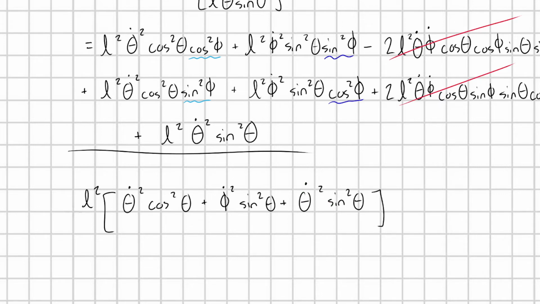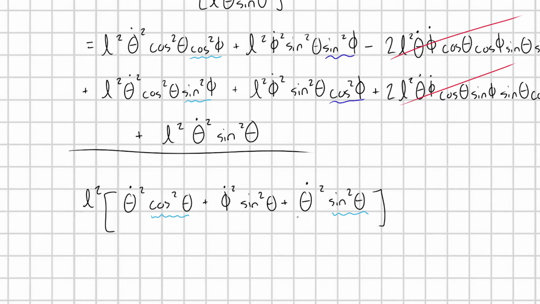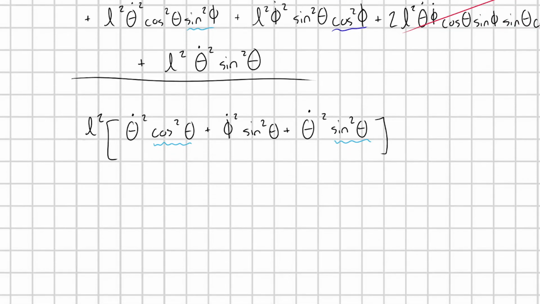And oh my goodness, look at this again. We can match this and this. They both have the same coefficients, theta dot squared. Okay, great. Let's put this together. We're going to have equals L squared times theta dot squared plus phi dot squared sine squared theta.